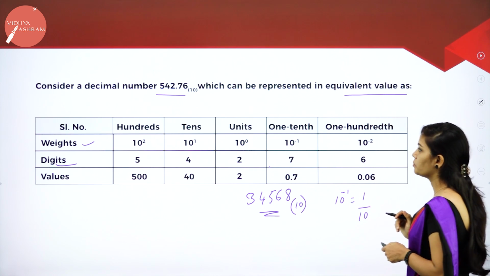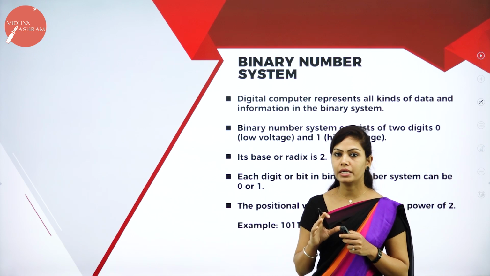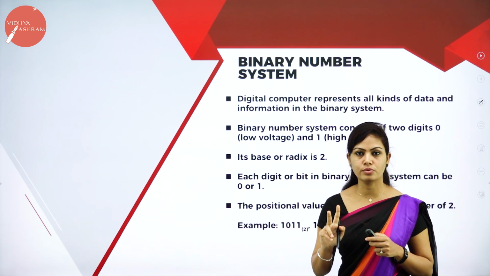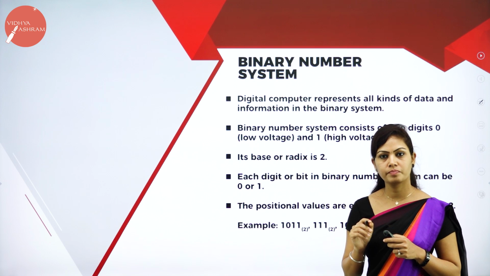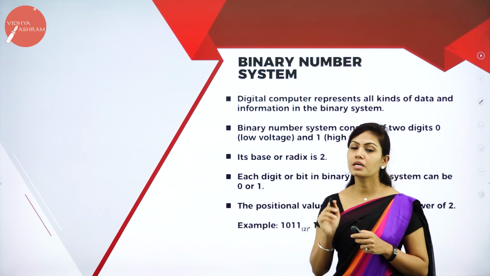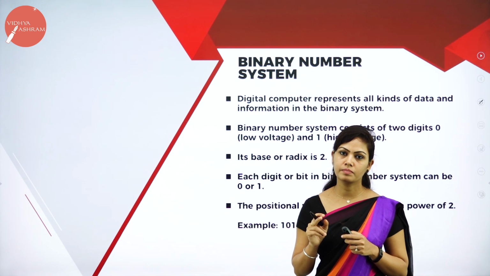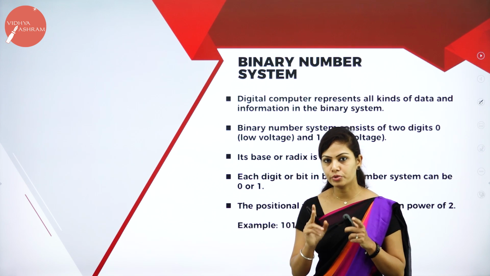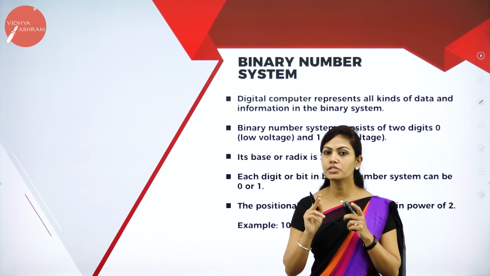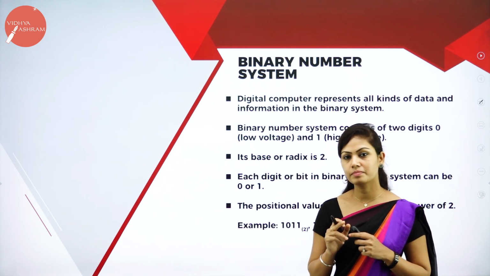And the next number system is binary number system. What is the meaning of bi? Bi means two values. Two values means only zeros and ones. Binary number system consists of two digits, 0 and 1. Computer can only understand the machine code called binary digits, that is 0 and 1.